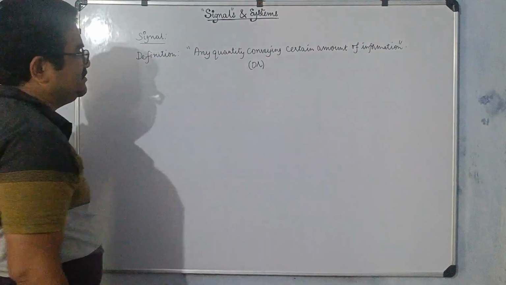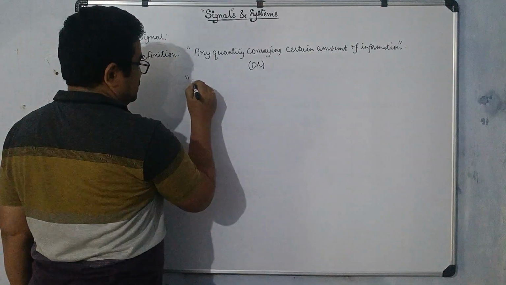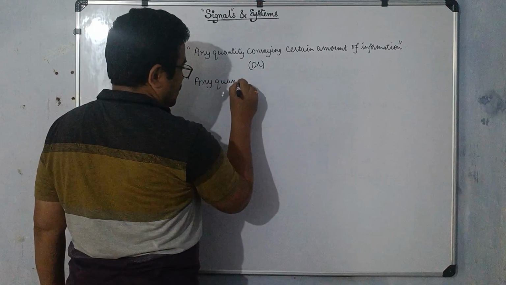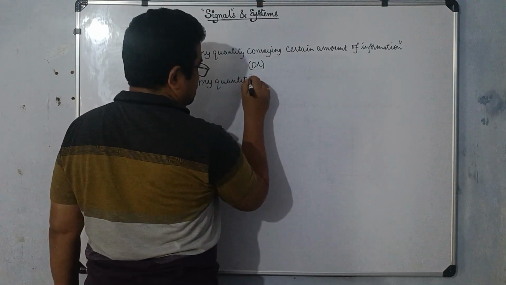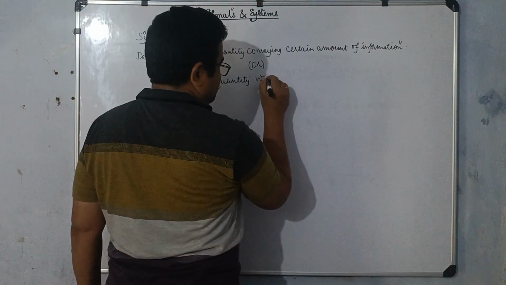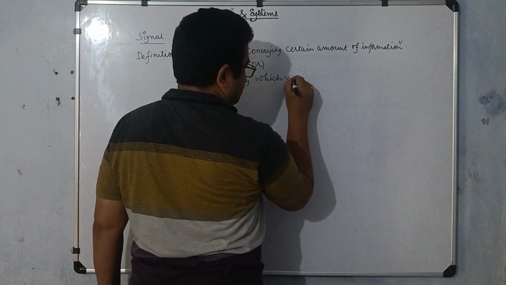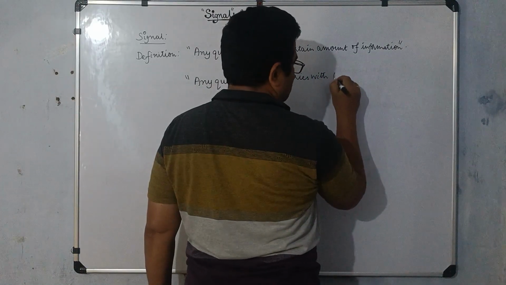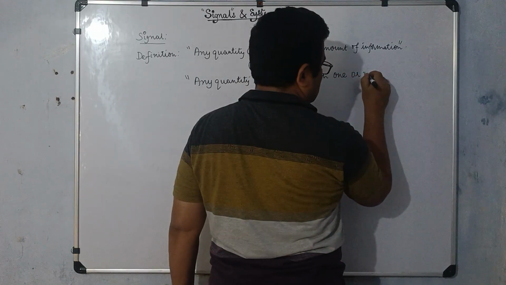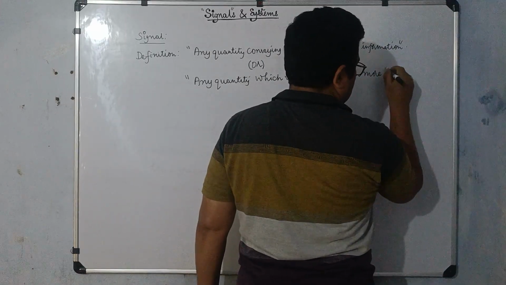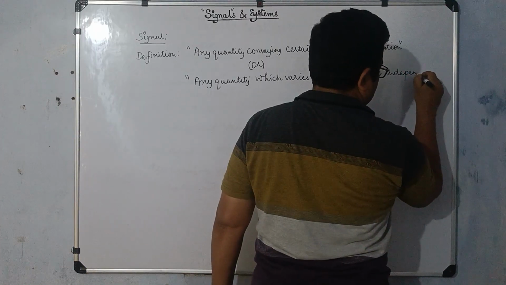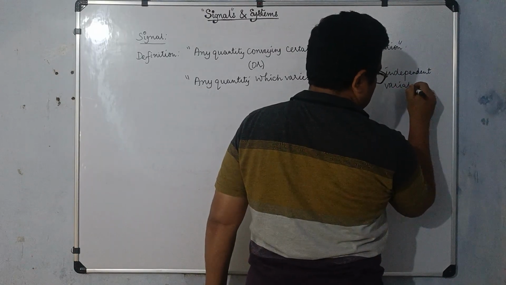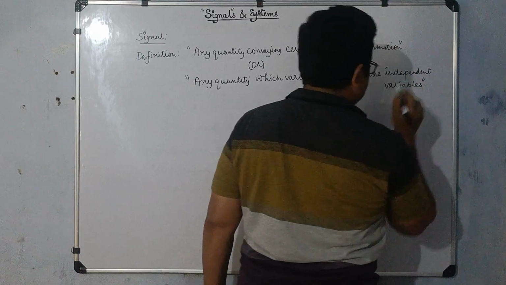So the alternate definition for a signal is signal is any quantity which varies with one or more independent variables.